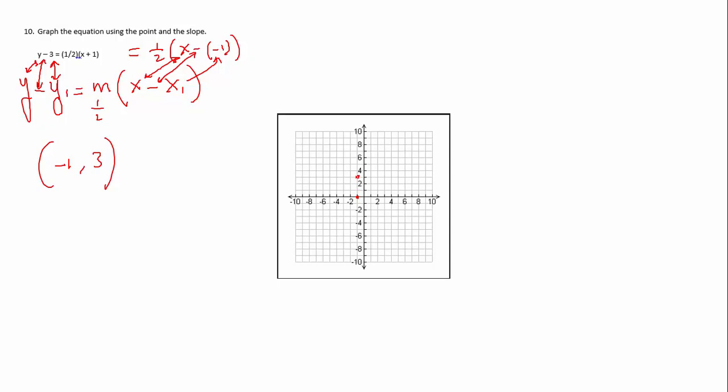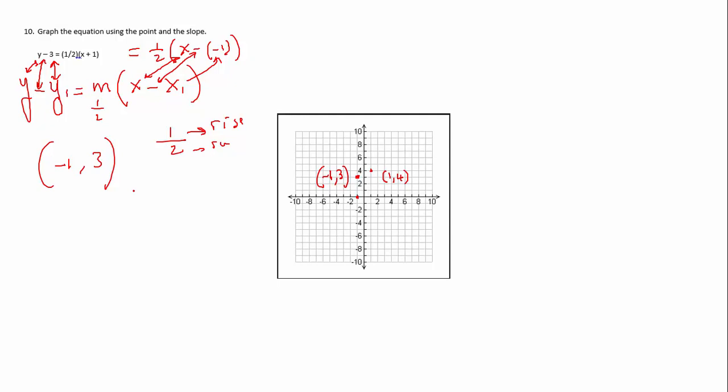So this is the point -1, 3. Then from this point, I'm going to rise 1. This is the slope. So this is rise, and this is run. So from this point, I'm going to rise 1 and run 2. And this is the second point, happens to be on 1, 4.